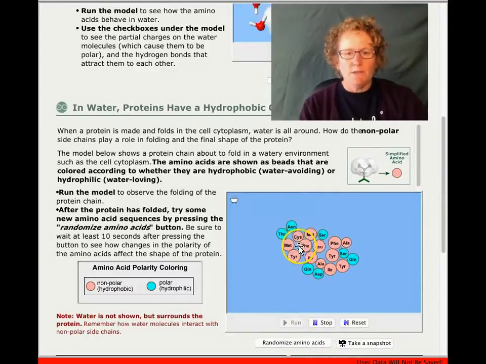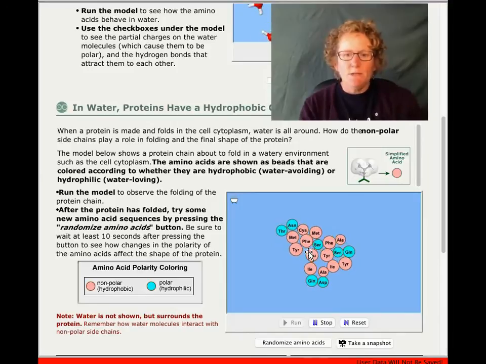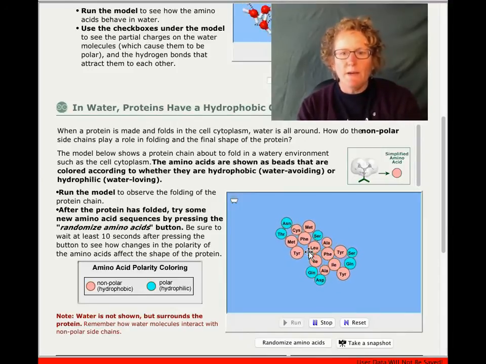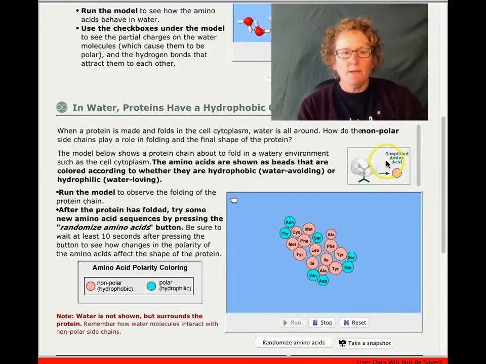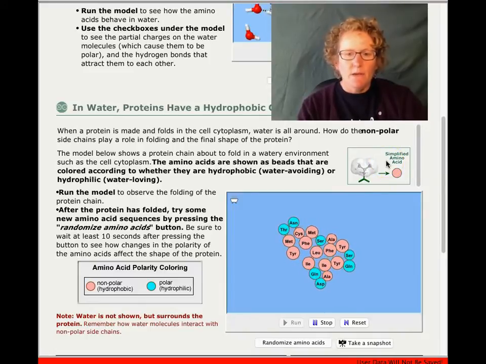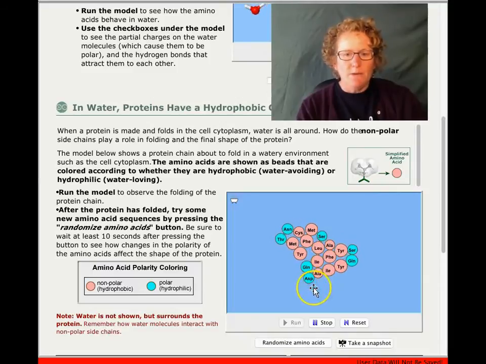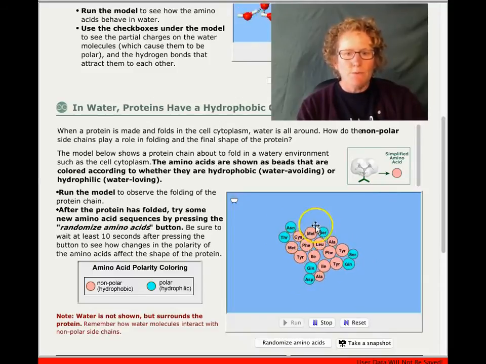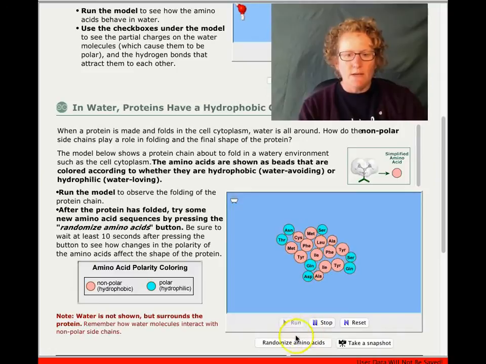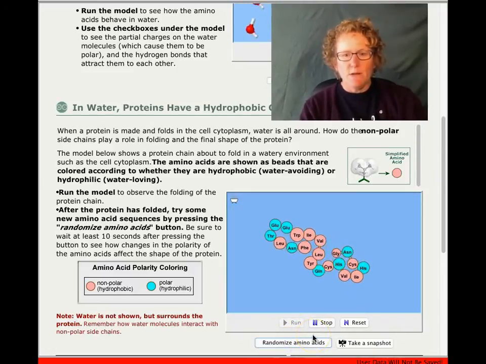The pink parts of this protein are hydrophobic, like valine that we saw above. So they get pushed to the middle, and the more polar amino acids, these blue ones, hang out on the outside. Let's randomize this amino acid and see what happens to different ones.